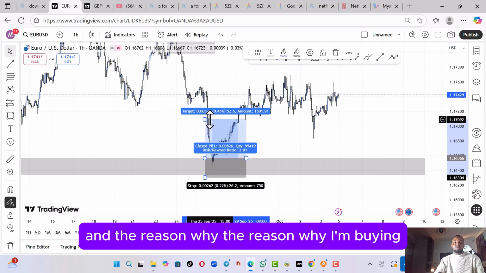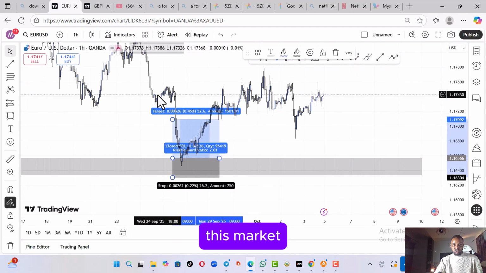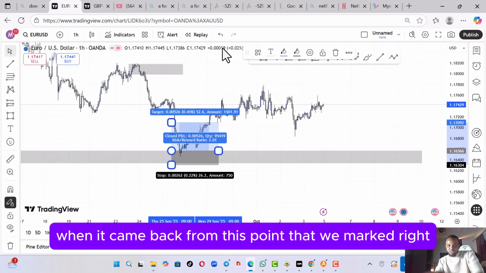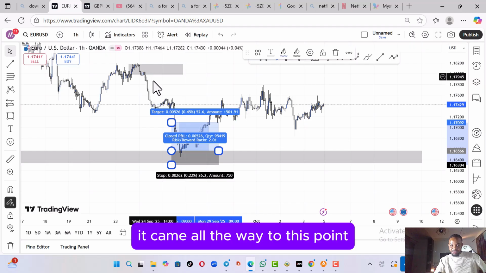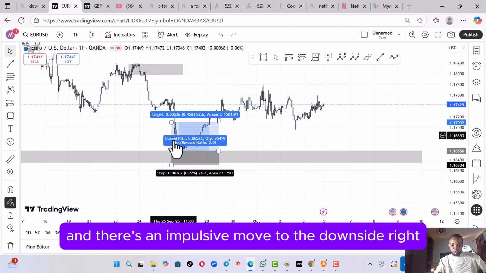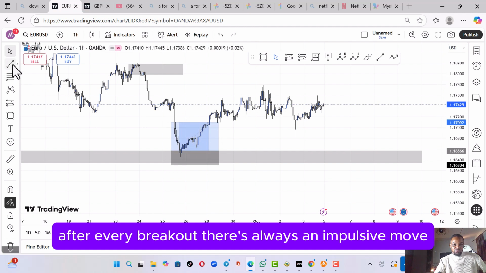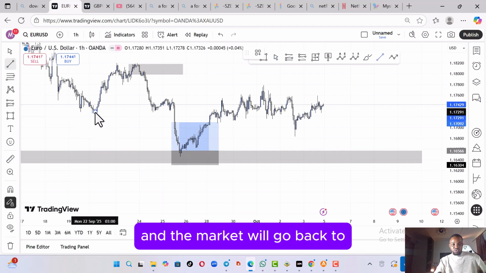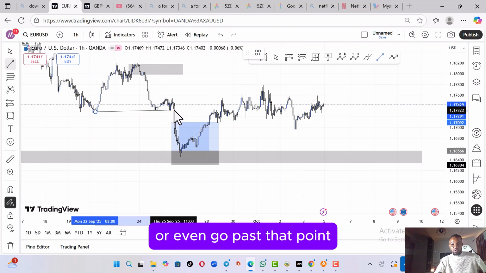The reason why I'm targeting these two is because, as you can see, when the market came back from this point that we marked as our supply zone, it came all the way to this point in an impulsive move to the downside, right? After every breakout, there's always an impulsive move, and the market will go back to retrace where it broke out from, or even go past that point.